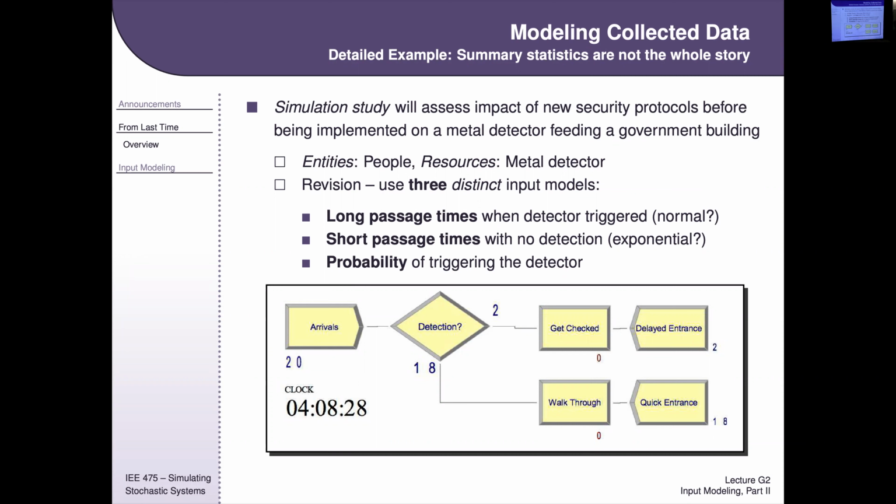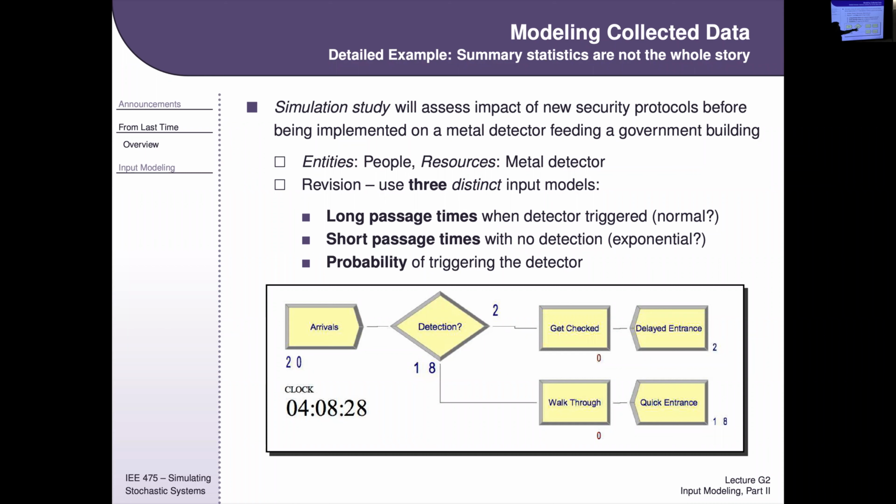And my hypothesis is that what's causing these two groups is that some get flagged as having something on their bodies. And so then they need additional checking. And then the rest of them just walk through quickly because they don't get flagged. So I can have this detection block where most just don't trigger, and so they walk through and they are the quick entrance.